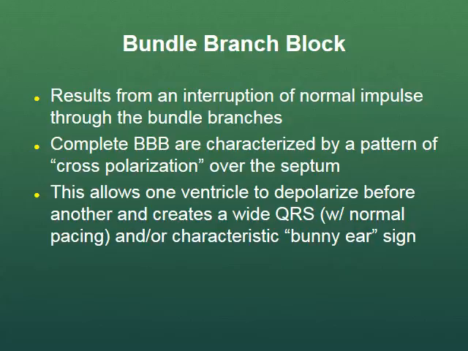If you have a right bundle branch block, the left bundle is still depolarizing normally, and the right ventricle actually receives the impulse from the left side at a slower cell-to-cell rate. So it's depolarizing a lot slower, which gives us a wide, bizarre QRS complex.